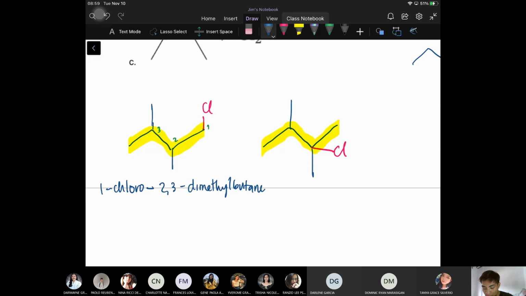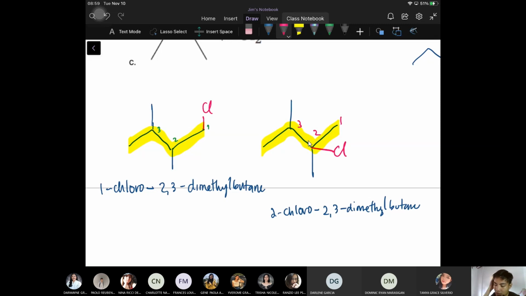So, let's have the next compound. Ang pangalan niyan ay 2-chloro-2,3-dimethylbutane. So, we'll start counting right to left as well. Hindi pwedeng left to right. Okay? Yes, second and third carbon yon.